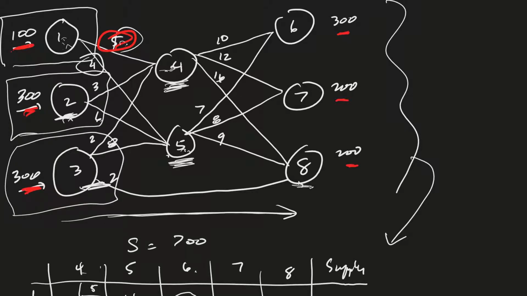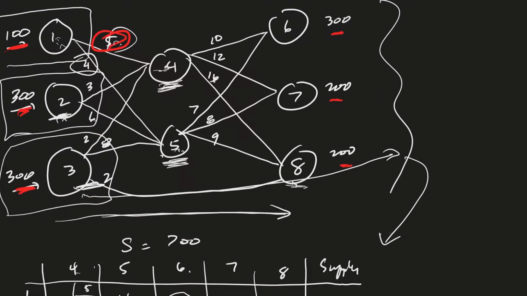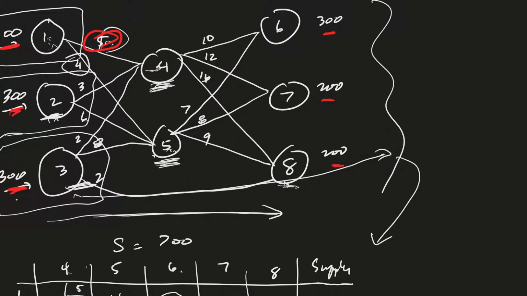So for example, if we take a look at cell 3, I have 300 coming into cell 3, so I would say that 300 equals, and then the output is going from 3 to 4, that's x34, plus the 3 to 5, so x35, plus x38.